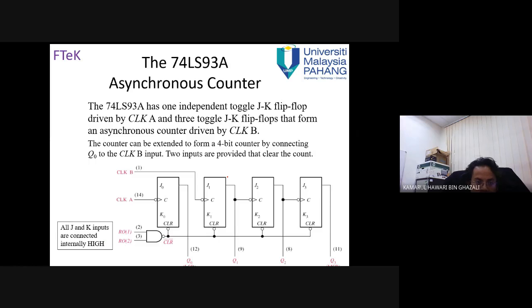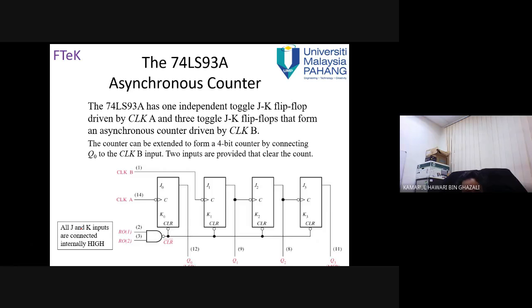So this is the IC for the asynchronous counter, 74LS93A. It has one independent toggle JK flip-flop driven by clock A and three toggle JK flip-flops that form an asynchronous counter driven by clock B. The counter can be extended to form a 4-bit counter by connecting Q0 to the CLKB input. Two inputs are provided that clear the count.